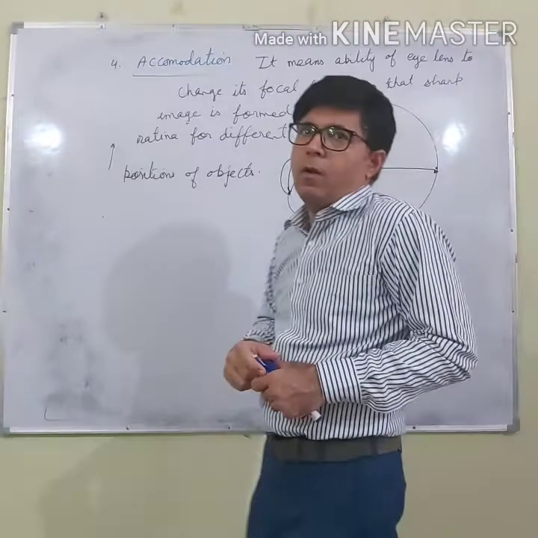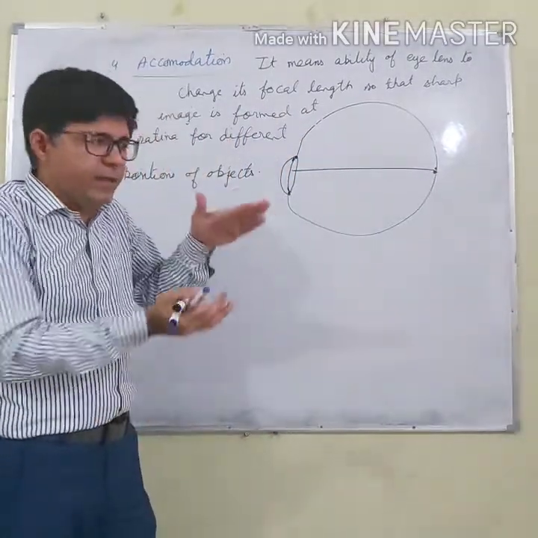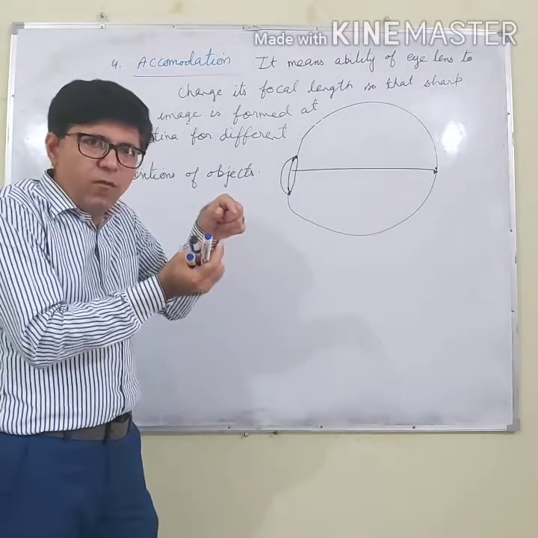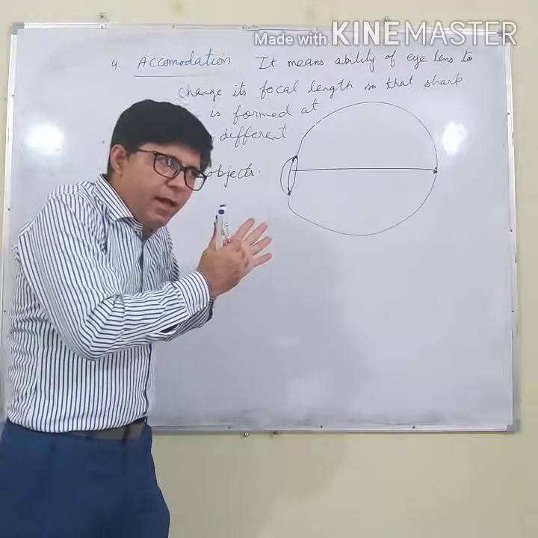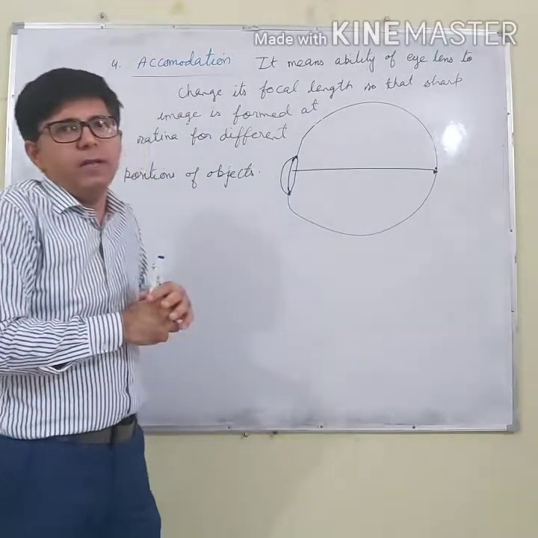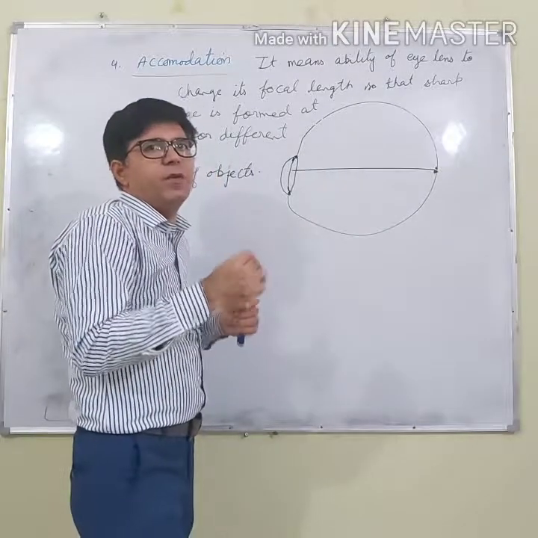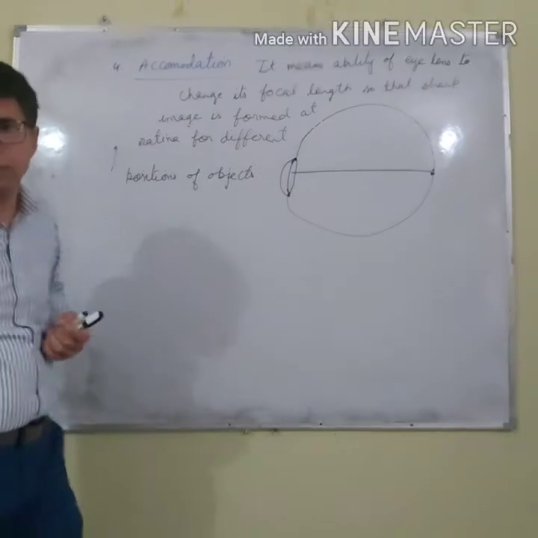But when we are seeing nearby objects, the ciliary muscles contract and the thickness of the eye lens increases and its focal length decreases, and as a result a sharp image of the nearby object forms on the retina.